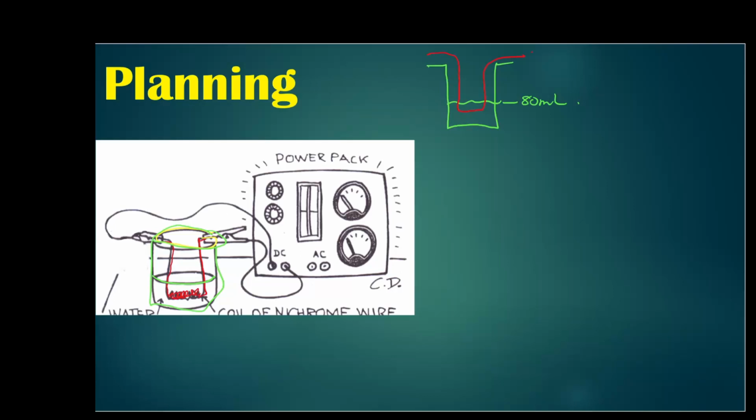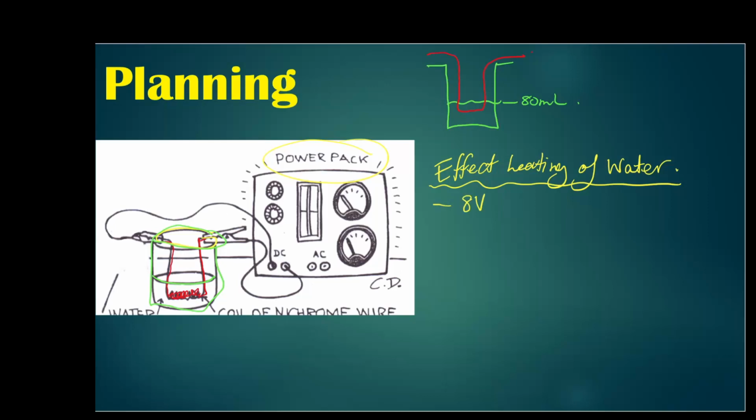Now let's think of a few of the things that might affect how quickly it heats. You could try and change your power pack, but your instructions actually say to leave that at 8 volts. So you could move it if you want, or you could leave it at 8 volts for maximum efficiency.